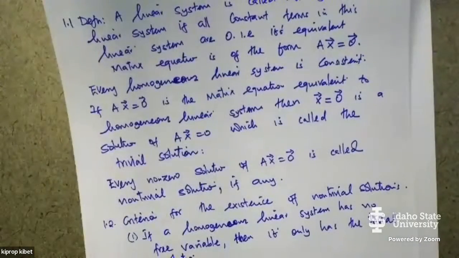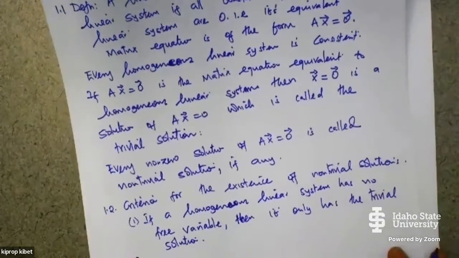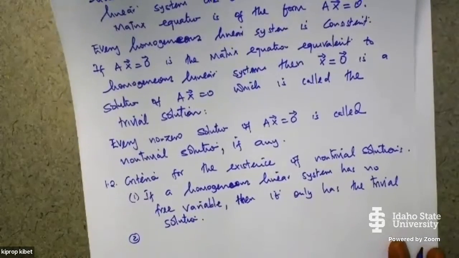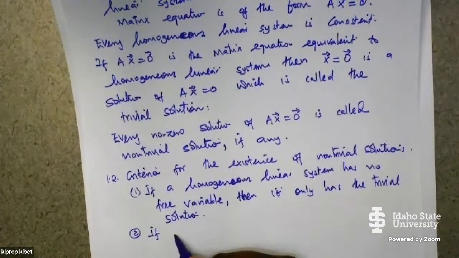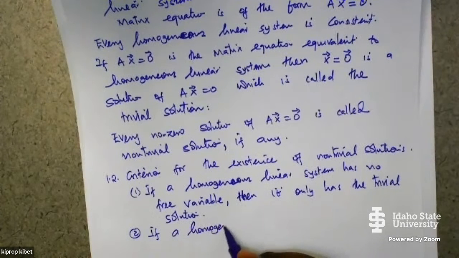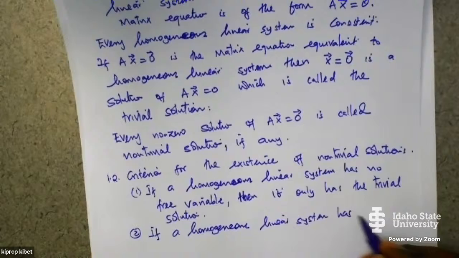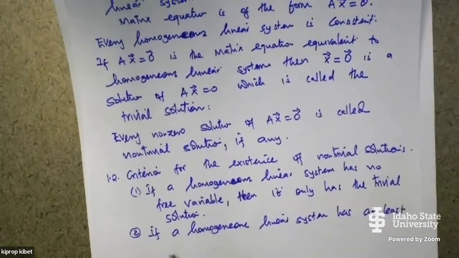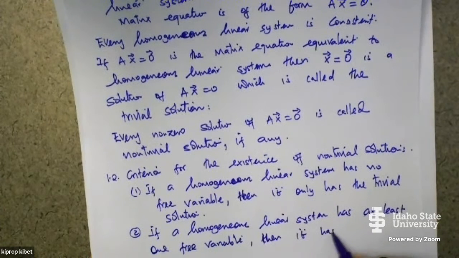Number 2, if a homogeneous linear system has at least one free variable, then it has non-trivial solutions.